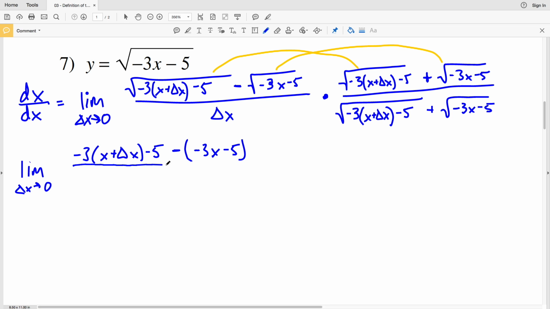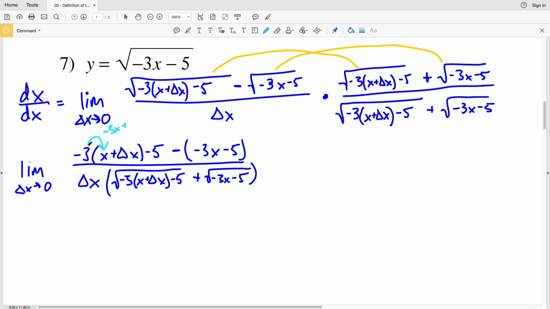And that's all over delta x times that conjugate, the square root of negative 3 times x plus delta x minus 5 plus the square root of negative 3x minus 5. Now look, when I take negative 3 and multiply that to x, I'll get negative 3x.